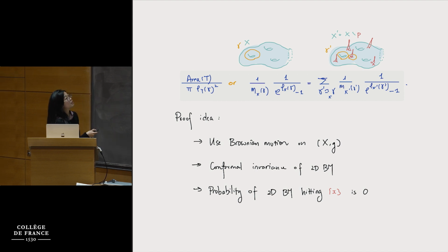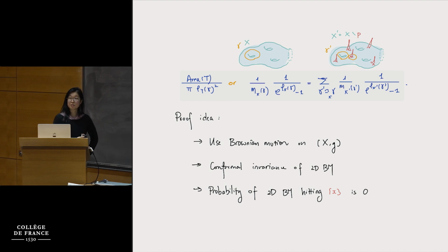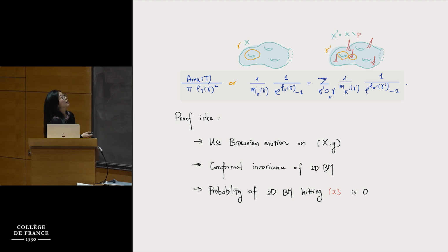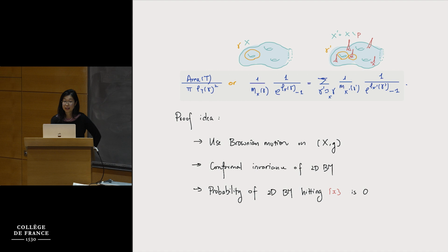And the other property of a 2-dimensional Brownian motion is that, if it doesn't start from a given point, the probability of the Brownian motion hitting that particular point is 0. And the probability of Brownian motion hitting a countable set is also 0. And we're just going to combine these things together to get this.